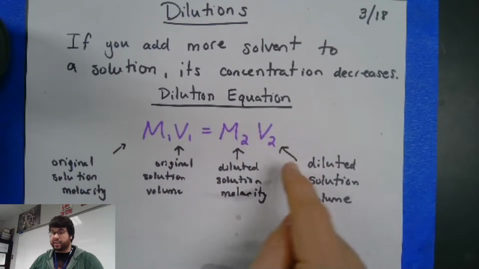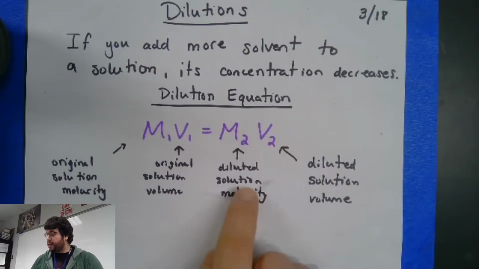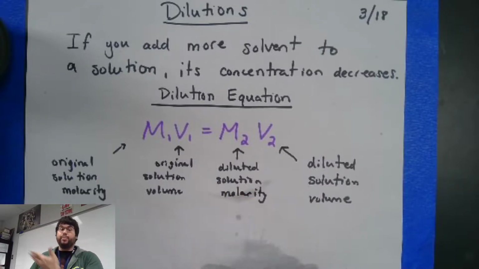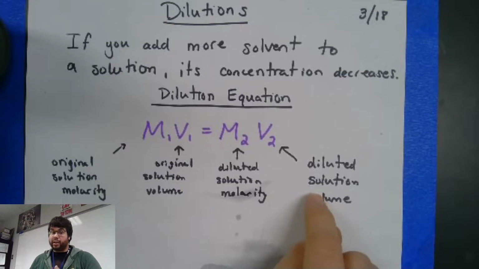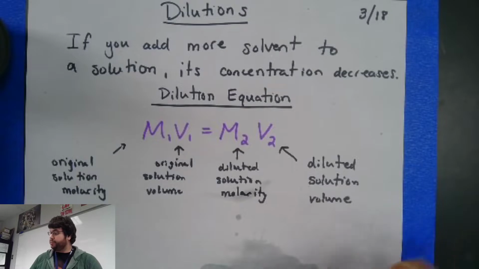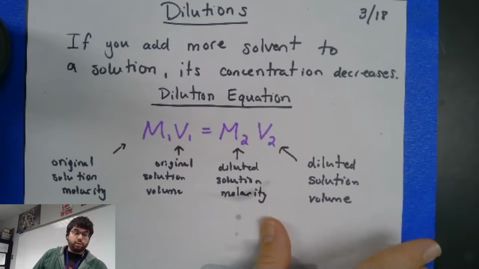And then on the other side of the equal sign is the molarity of the second diluted solution, M2. So after you diluted it, what is the diluted solution's molarity? And that's multiplied by the diluted solution's volume in milliliters or liters or whatever. So let's go ahead and use this equation.